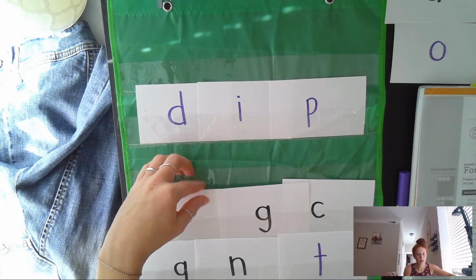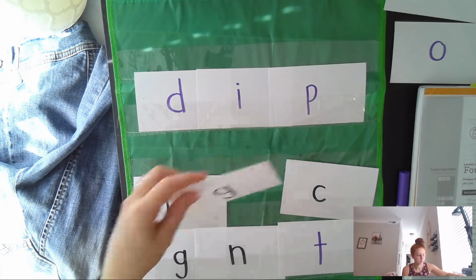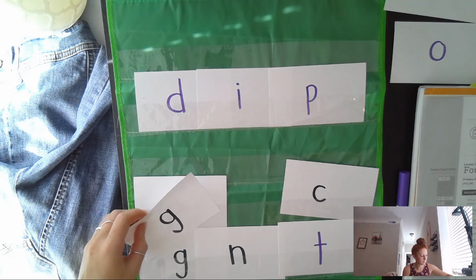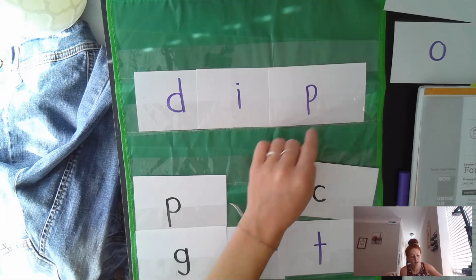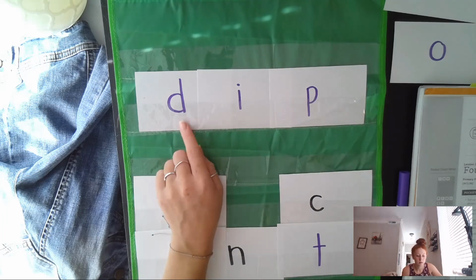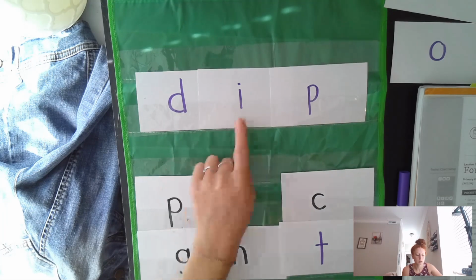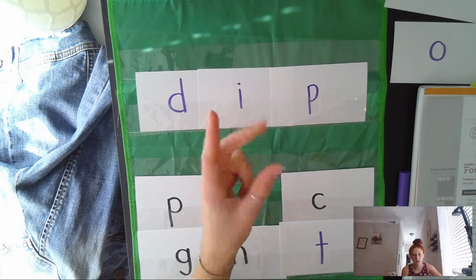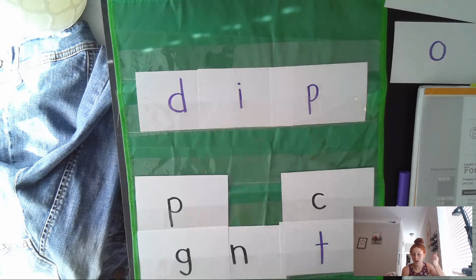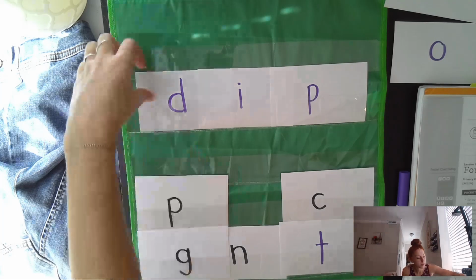What's that one, guys? Do one sound at a time. And remember, we are reading left to right. All right. D, i, p. Dip. I'm going to dip my toes in the water to make sure it's not freezing before I jump in. What about this one?